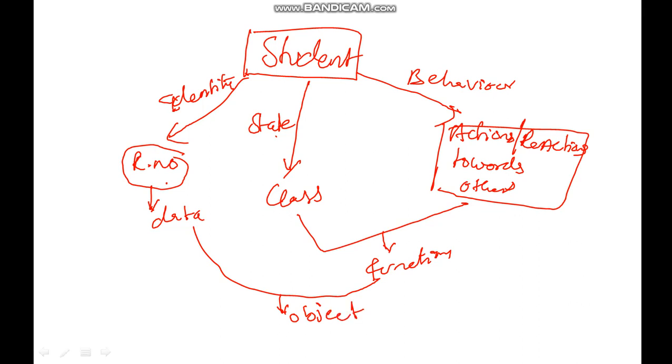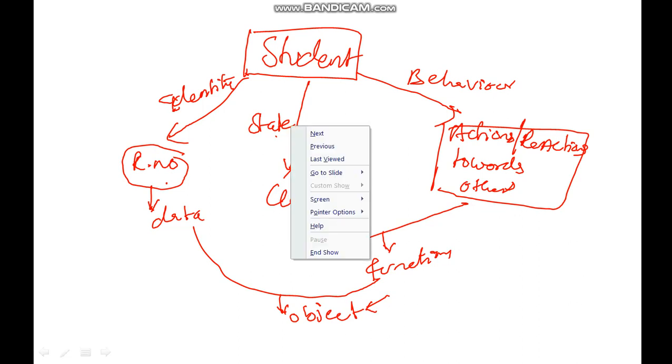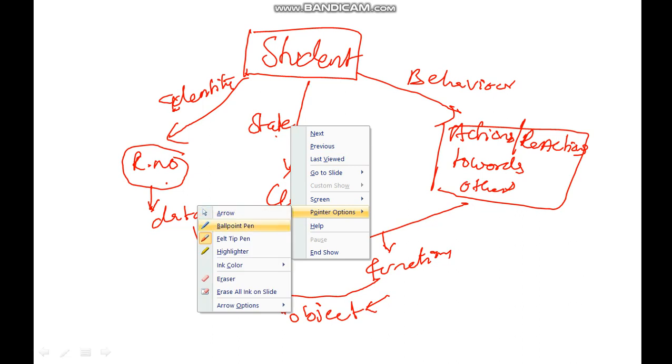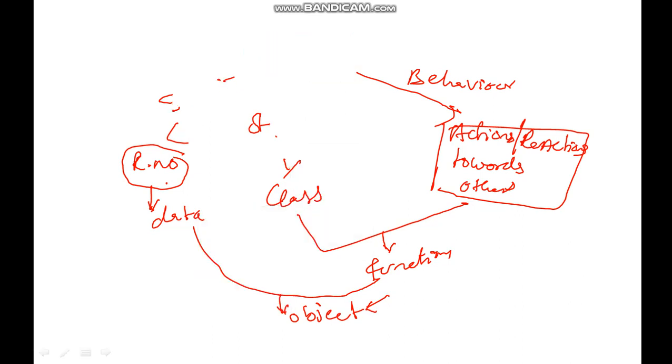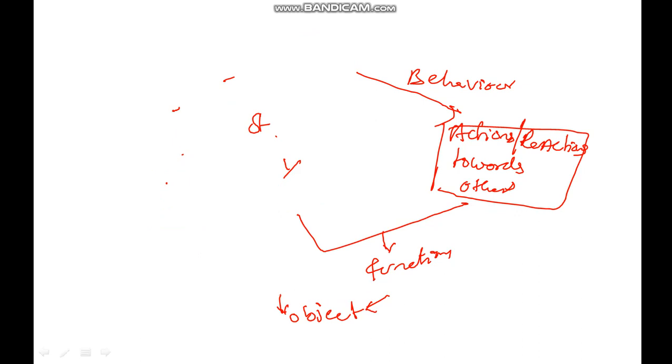Everything in object oriented programming is implemented by these objects, so that's why it is called object oriented programming. Anything you want to write is treated as an object. We'll see the three characteristics of another example.